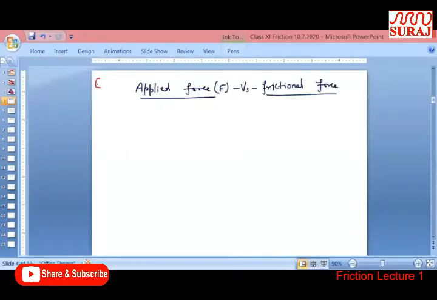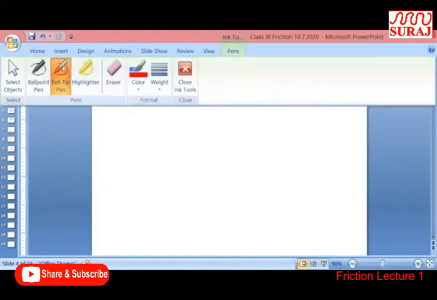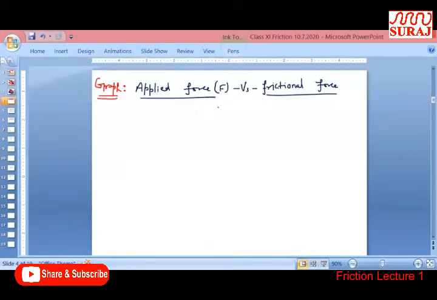Graph, very famous graph. This graph is also drawn practically. Initially it was observed, then practically some observations have been assumed, then one by one they have proved whether those observations are correct or not. This was the process actually.